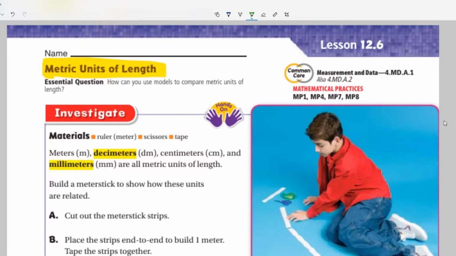The first one is meter, and the abbreviation is M. Then decimeter, abbreviated DM, and centimeter, abbreviated CM, and millimeter, abbreviated MM. Those are all metric units of length.